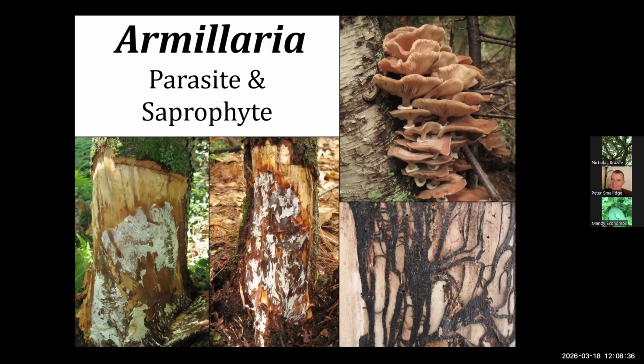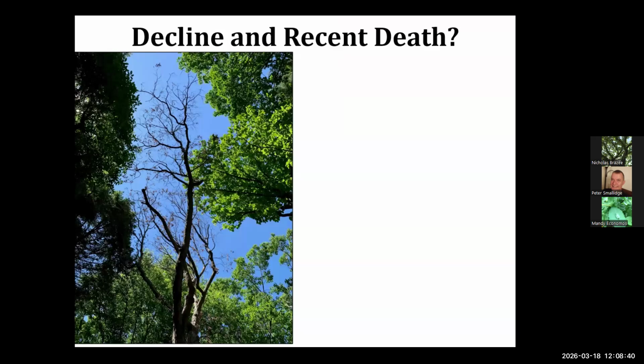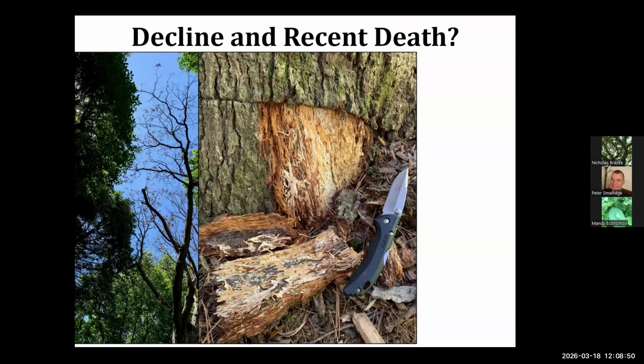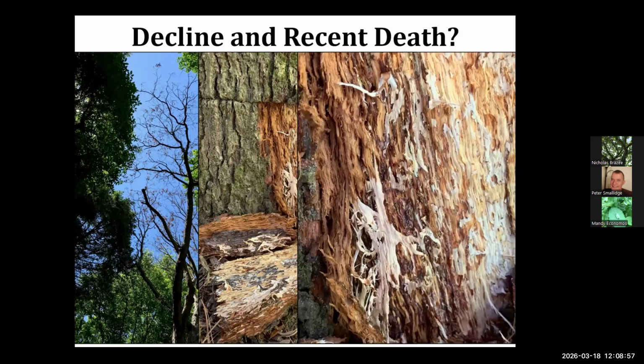Just a side note here, anytime that you have decline and recent death of a tree, because armillaria is just so abundant, here we have a white oak that recently died, it's always a good idea to just pop off the bark on the root collar or the lower trunk and just look for those mycelial fans, because armillaria is so often involved in the decline and death of forest trees.